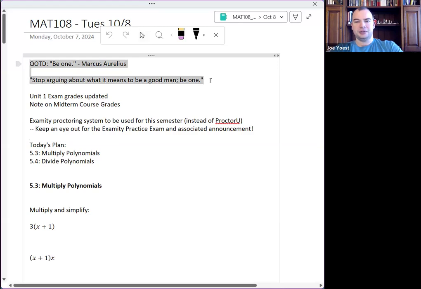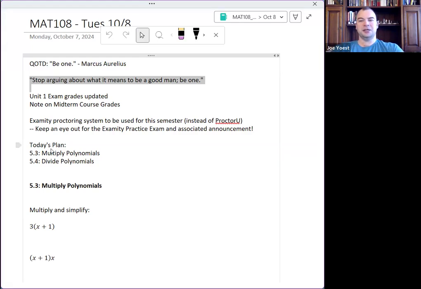The quote of the day today, just really quickly, is by the Roman Emperor Marcus Aurelius, sometimes just quoted as "Be one," but really it comes from a longer quote, roughly translated as something like, stop arguing about what it means to be a good person.